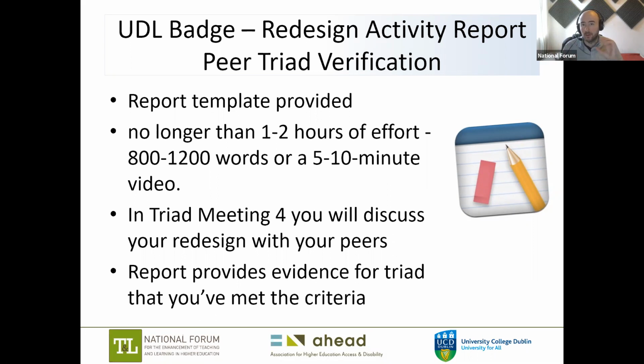So there's this element of peer-to-peer verification. We'll talk a lot more about that in the final webinar, which is in the last week of the course before you undertake peer triad meeting number 4. So I'm not going to get into that too much, but just to say that there is an element here of the triad verifying your work, and the redesign report provides evidence that you have met the badge criteria.